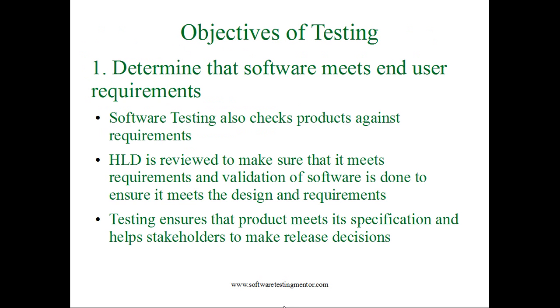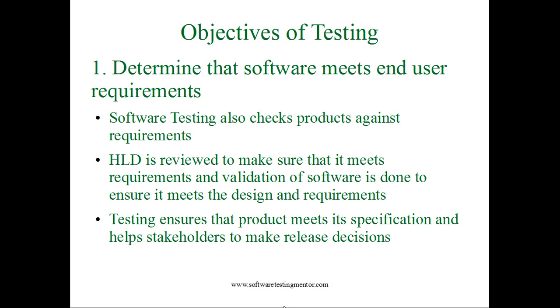Then the second part of software testing is objectives of testing. What are your objectives after doing software testing, after you are involved in the software development lifecycle? So the second part of the definition is objectives.